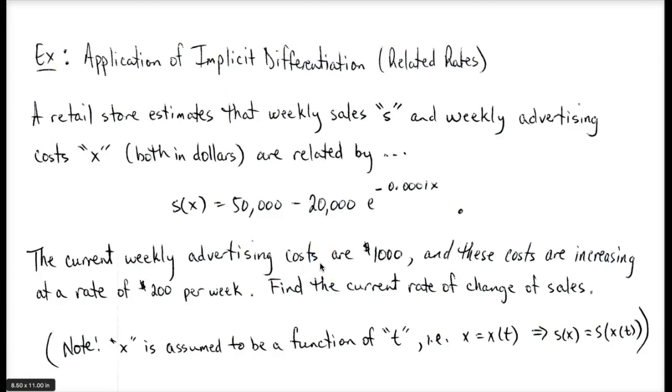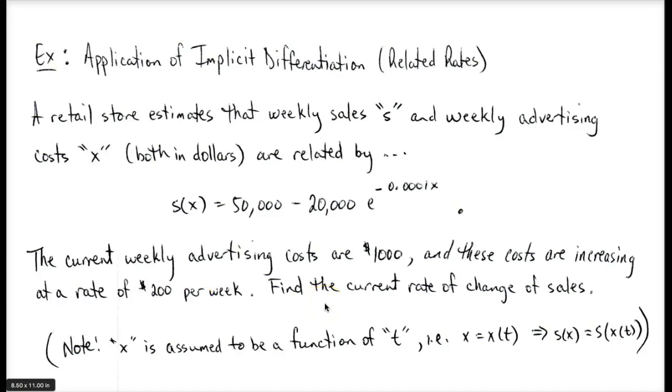And so sales, as we see it here, is a function of x, and x represents the cost, and both S and x are in dollars, and they're related by this following function here. We see that we have current weekly advertising of $1,000. These costs are increasing at a rate of $200 per week, and we want to find the current rate of change of sales.